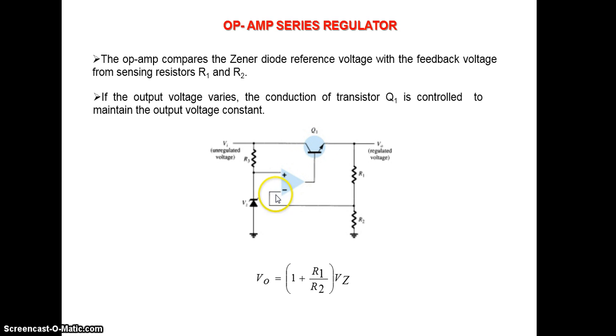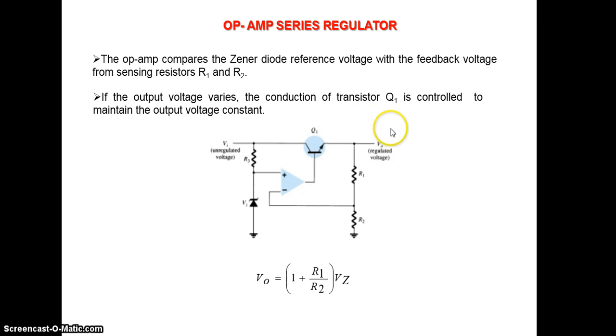If the output voltage tries to increase or decrease, that is fed back to the op-amp, which compares it against the fixed reference voltage. The output of the op-amp decides whether transistor Q1 conducts more or less according to the output voltage conditions.